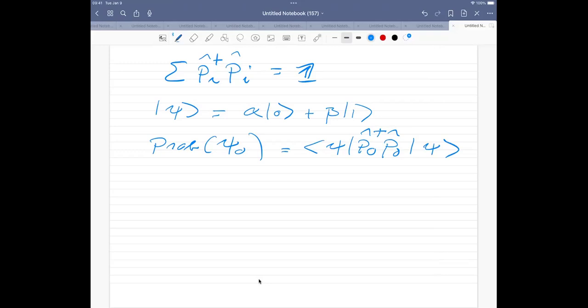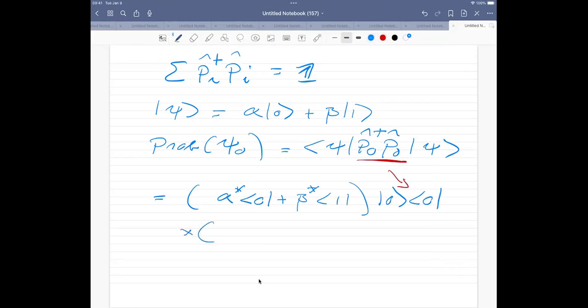If I do that, then what you see is that this becomes equal to alpha complex conjugate 0 plus beta complex conjugate 1. And this is multiplied now with the operators. So I would have, since I'm doing 0, it's |0><0|. So this one is the same as what you have here.